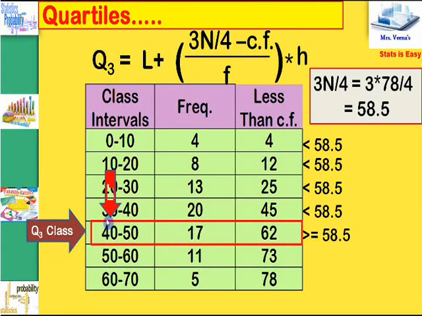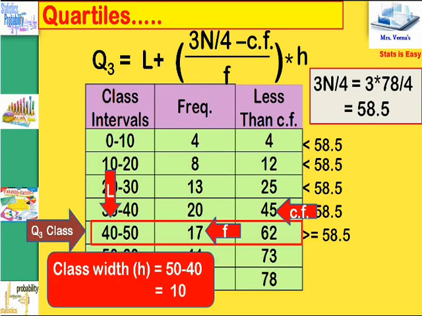L is the lower limit of the Q3 class. f is the frequency of the Q3 class, and Cf is the cumulative frequency preceding the Q3 class. h is 50 minus 40, upper limit minus lower limit, which is 10.